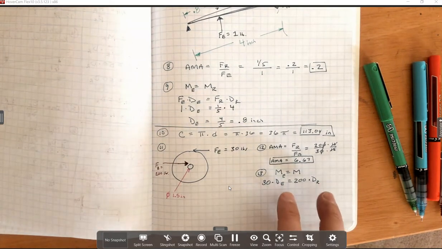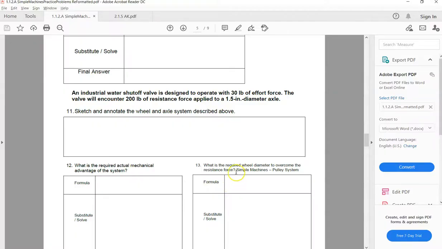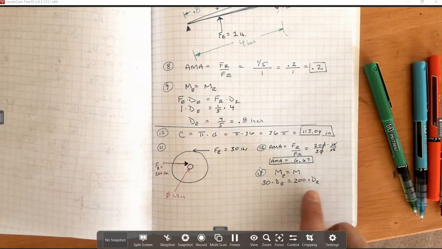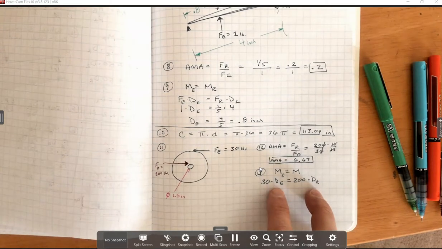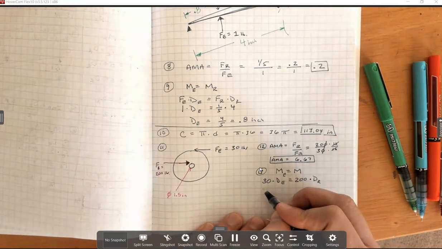So what they asked for was what is the required wheel diameter? If what we're trying to find is the wheel diameter, and we already know the other diameter, it makes sense just to keep these as diameters. So the diameter for the effort is the unknown.